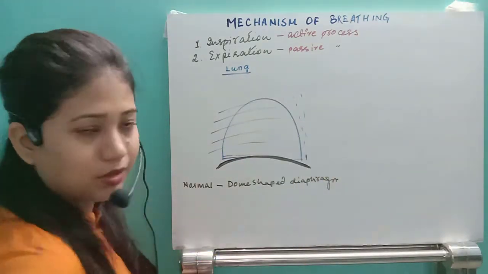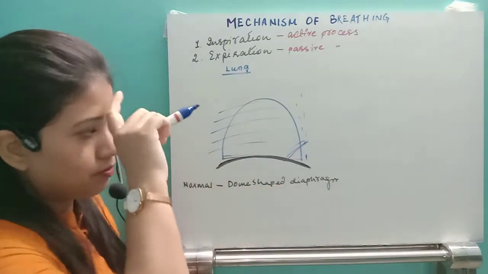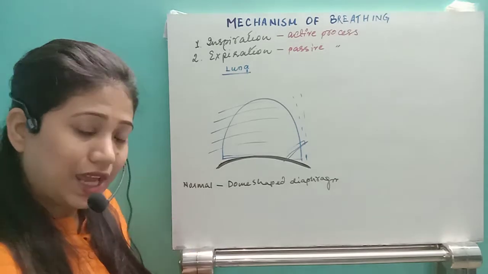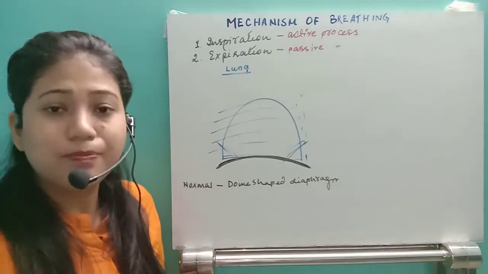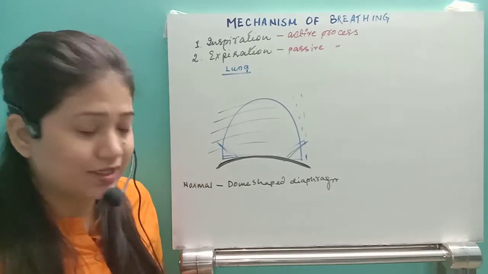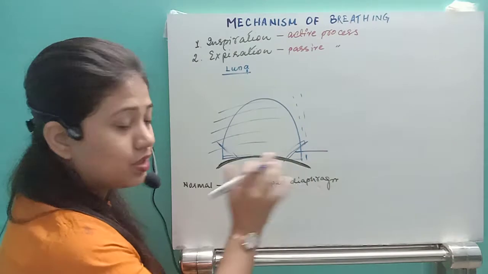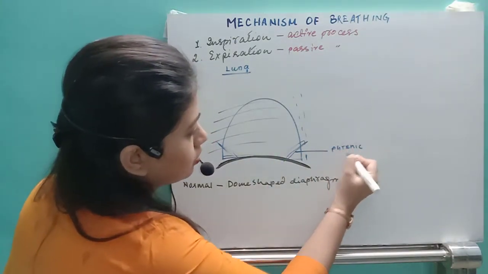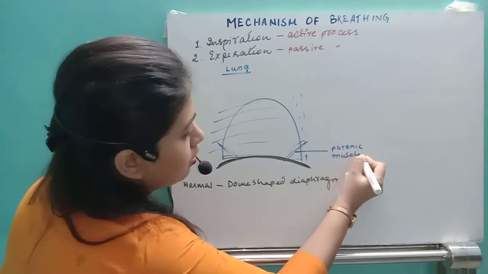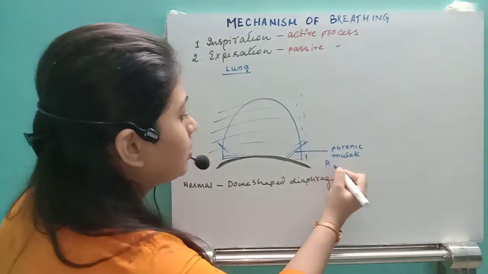With the vertebral column, the muscles that attach to the diaphragm are normally in the relaxed state. These muscles that attach the diaphragm with the bones are known as the phrenic muscle, also known as the radial muscle.